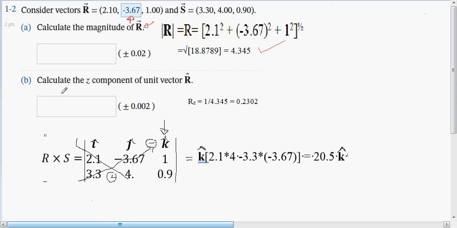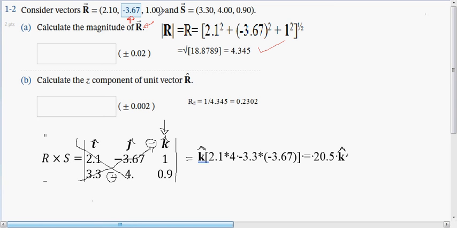Okay. Now to get the z component of the unit vector r, we have to remember what a unit vector is. And a unit vector is the vector r that we had right here divided by its magnitude. So that will guarantee that it has a length of exactly 1. So vector r has three components. There they are.